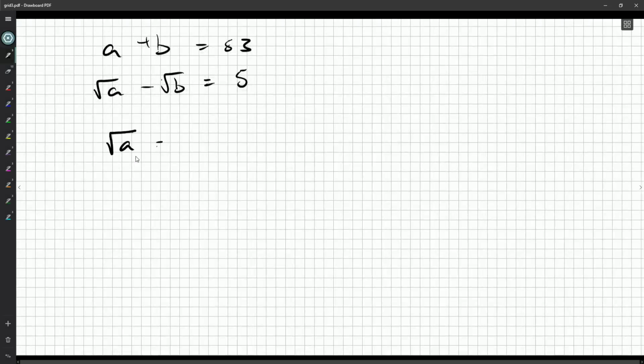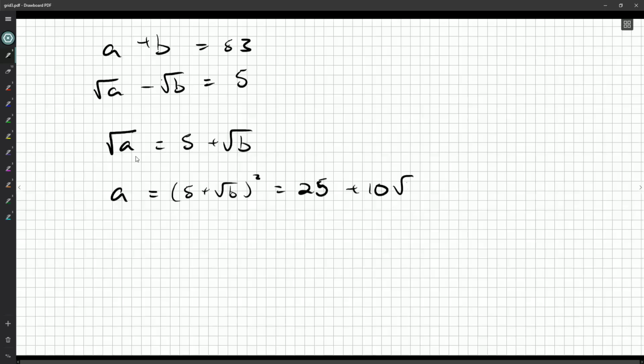Let's try and rearrange. Root A is 5 plus root B, because now I can square it and say A is 5 plus root B squared, and that's going to be 25 plus 10 root B plus B. Okay.